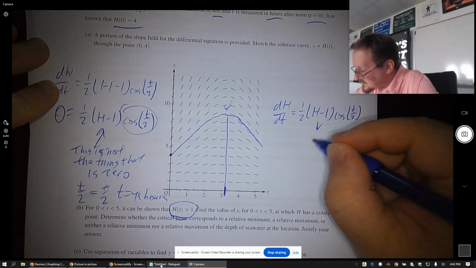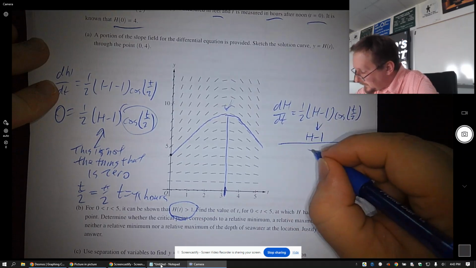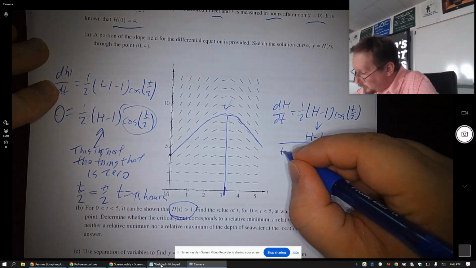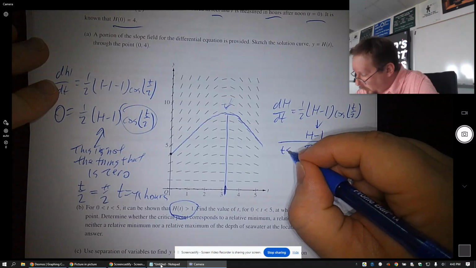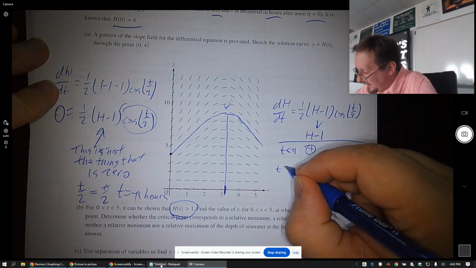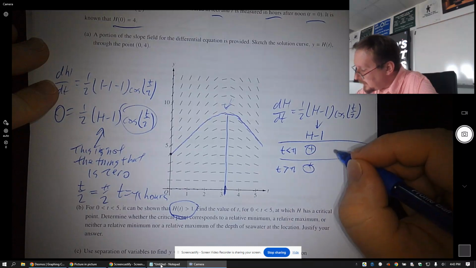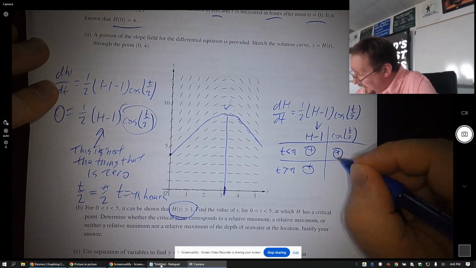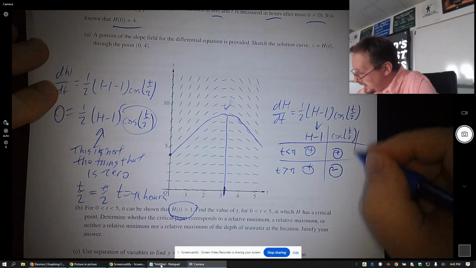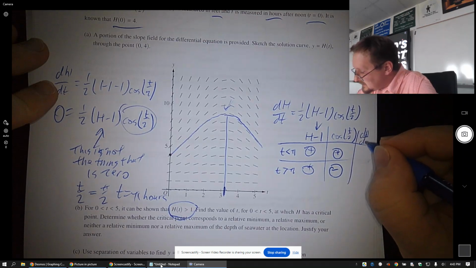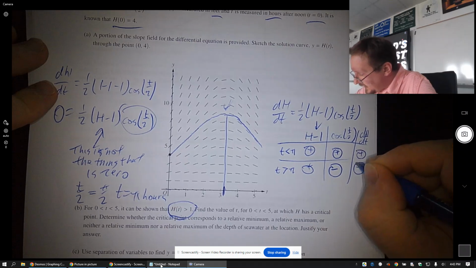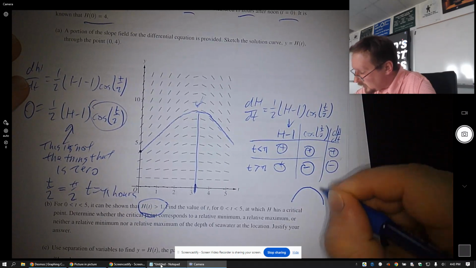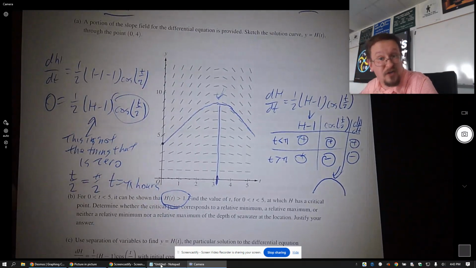Now watch this. h minus 1 is positive both before time equals pi and after time equals pi, but the cosine of t over 2 was positive, now negative, making dh dt positive then negative. If you go from a positive to a negative slope, that is a relative maximum. I mean, do you need me to write that?